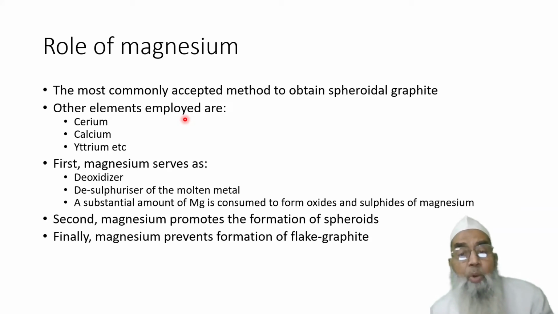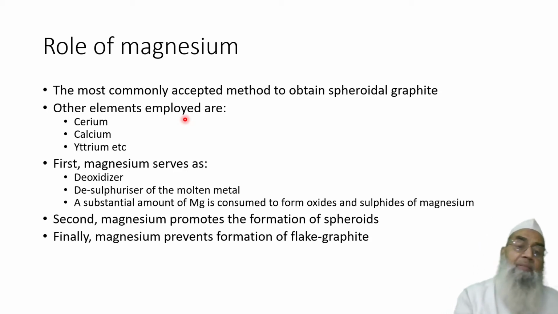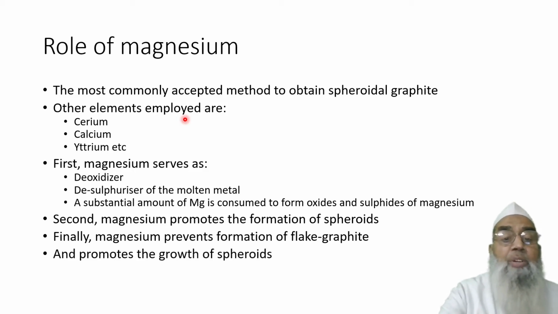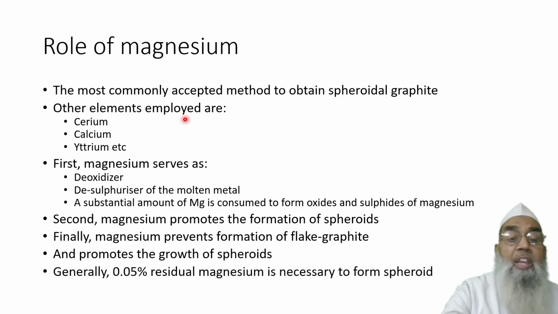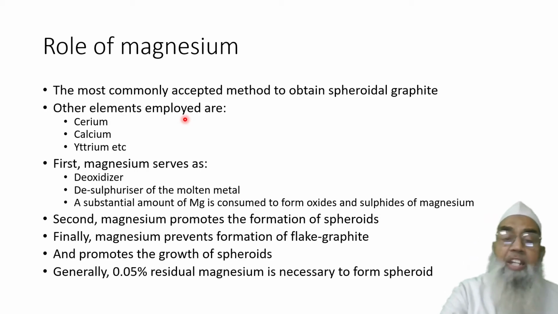Secondly, it promotes the formation of spheroids. Thirdly, it prevents the formation of flake graphite, and furthermore it promotes the growth of spheroids. Generally, 0.05% residual magnesium is necessary to form spheroids.